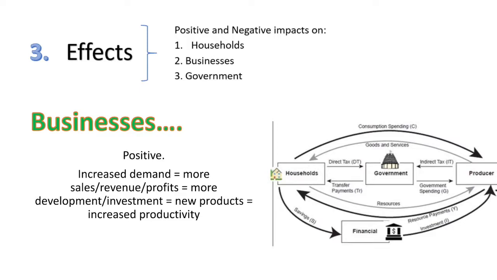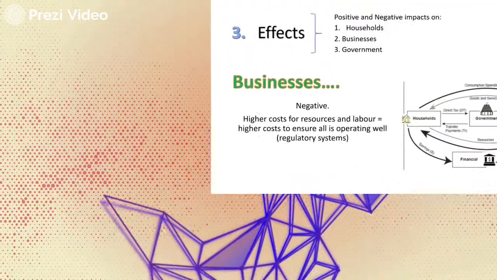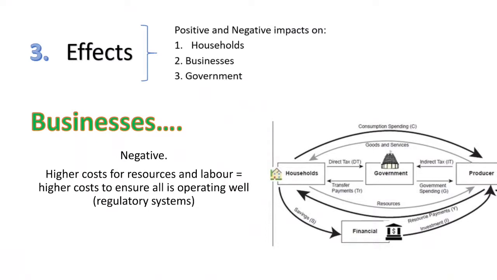So we will see some of these moving back into level 2 for some businesses. Other businesses won't have this outcome. So those negative impacts of economic growth is because they're making a lot more goods and services and the demand's increased, they have now higher costs because they might need to hire more people.